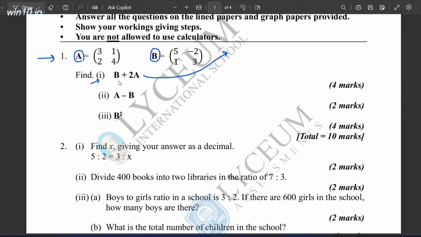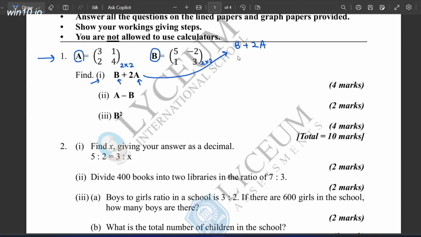Always see that when we add two matrices, their order should be similar. This is a 2 by 2 matrix. This one is also a 2 by 2 matrix. So then we can add. So we have to get B plus 2A.